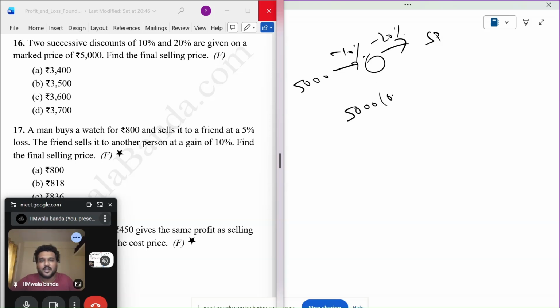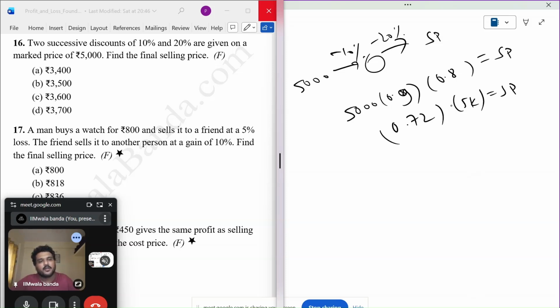I know that 5,000 first decreased by 10% and then decreased by 20% got me the selling price. 9 8s are 72, and then never pay heed to the zeros after decimal. 0.72 into 5,000. Okay, let me write 5,000. 72 into 50. 7 5s are 35, 36. 3600 is the answer.